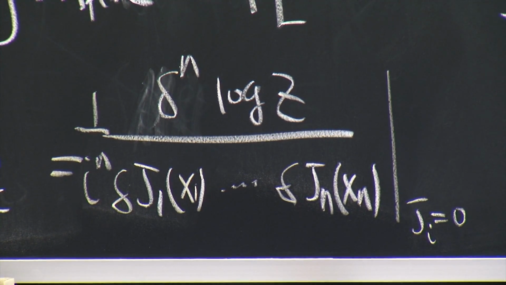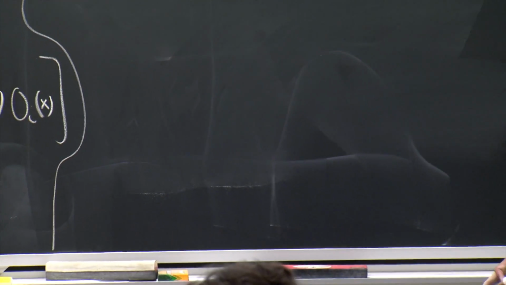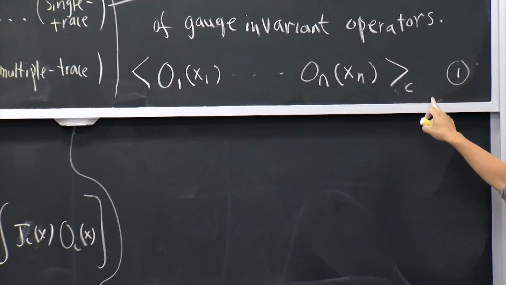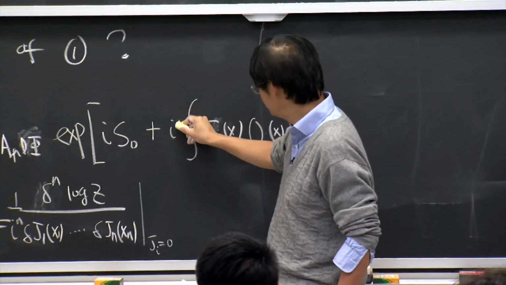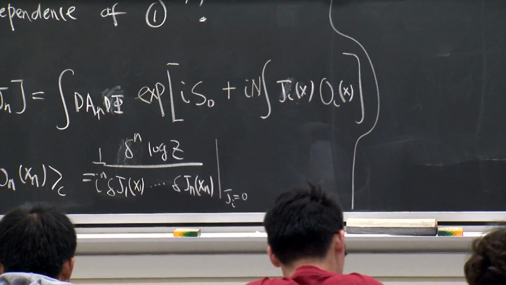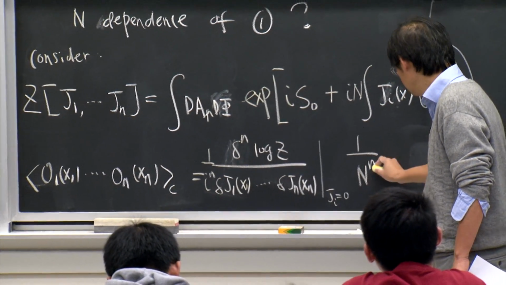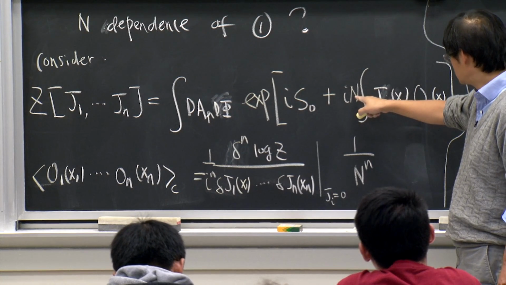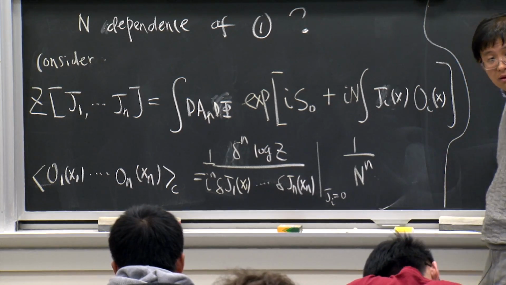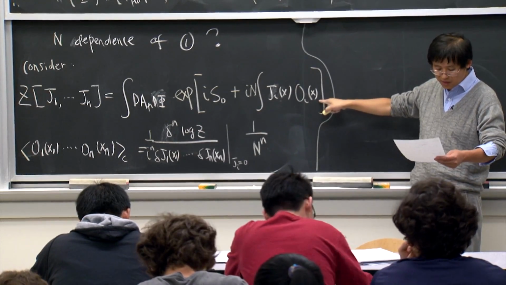So now, here is the beautiful trick. You can determine in a single shot the N-dependence of this. And this simple trick is just to add N here. In order to get the correlation function, we need to divide by N to the power n, because now in order to get O_I, you need to take a derivative of N times J_I. So you also need to divide by 1 over N. But why does this help?